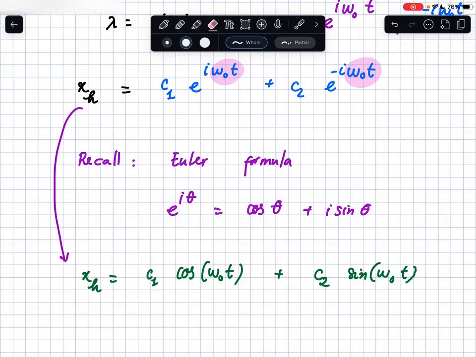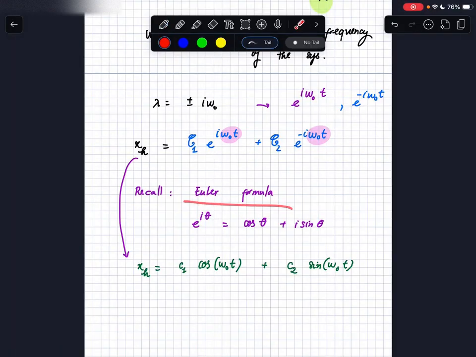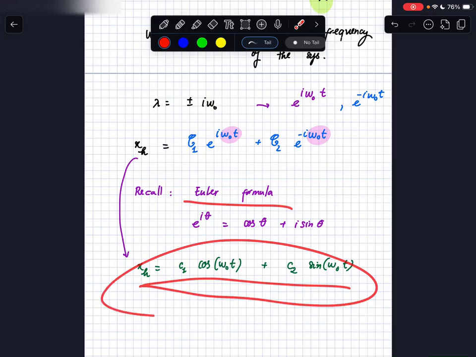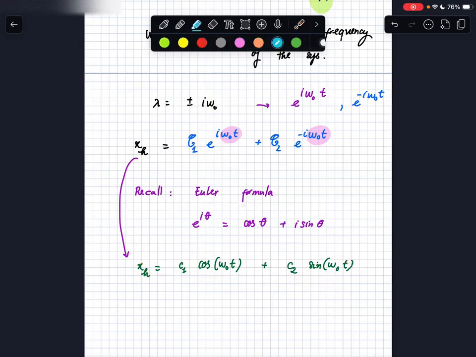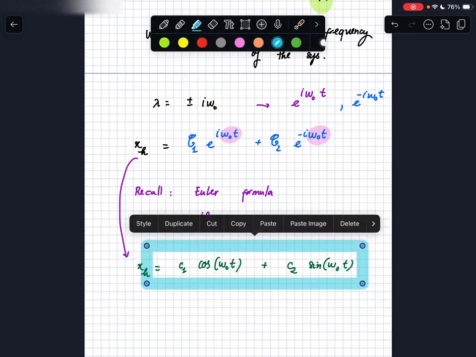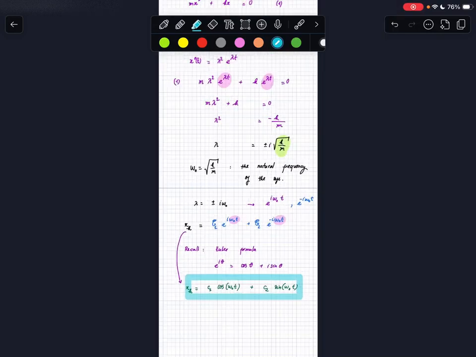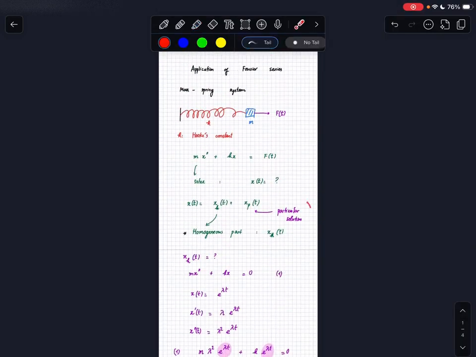You use this formula, you will bring it to this form. So remember, these c1 are different: this is big C1, this is big C2. So by using the Euler formula, you bring this into this form. So this is the homogeneous part. Now we find out the particular solution.